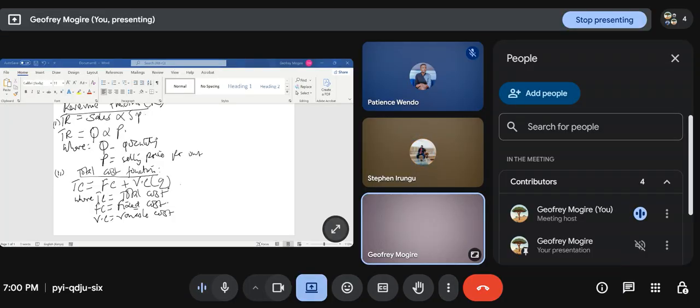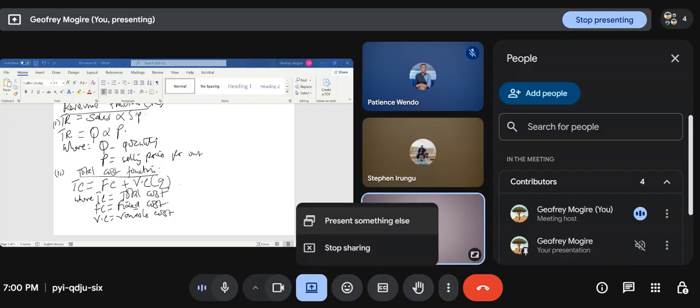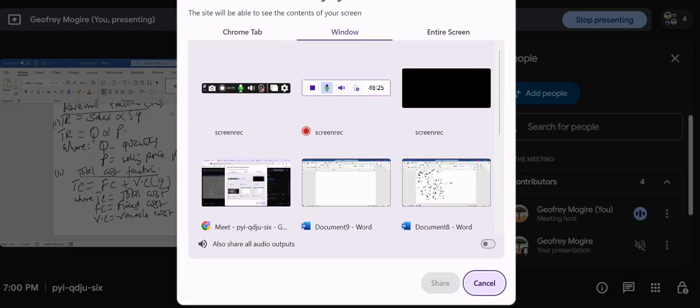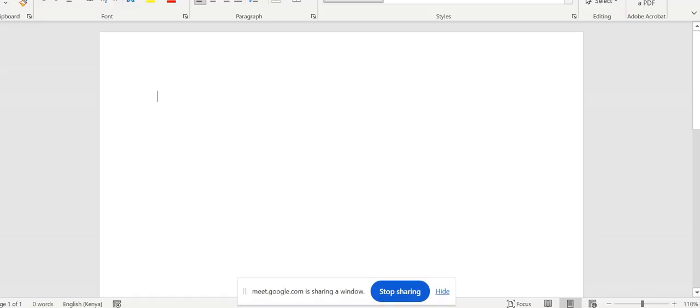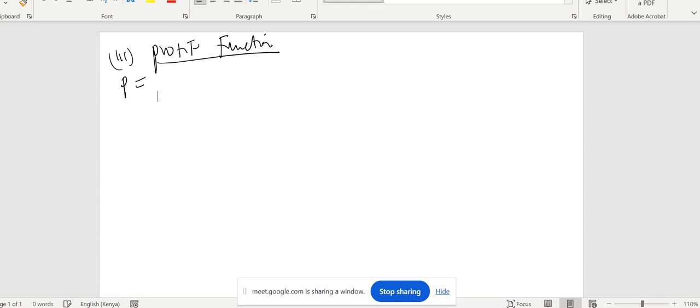Roman 3 is the profit function. We want to form a profit function. So how do you get profit? Profit is equal to total revenue minus total cost. Very good. This is the abbreviation for profit, which is total revenue minus total cost.